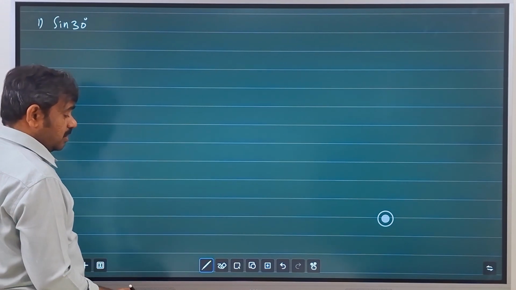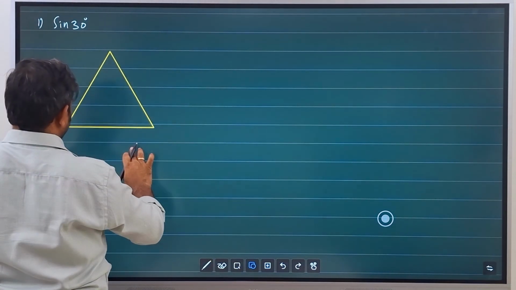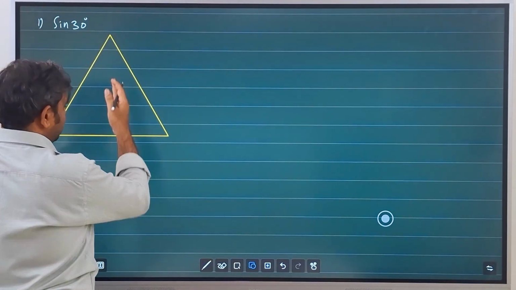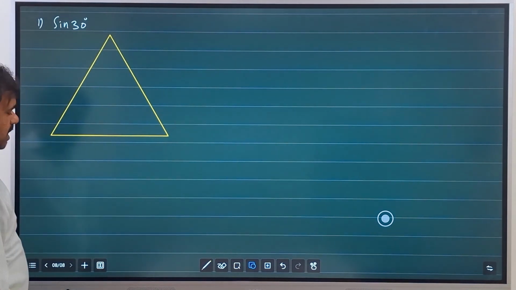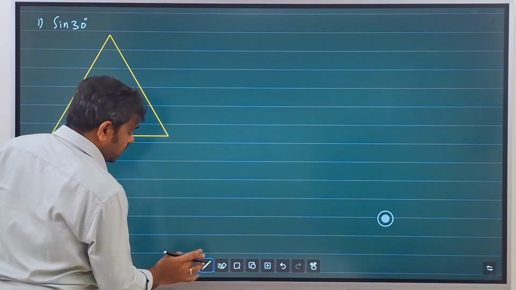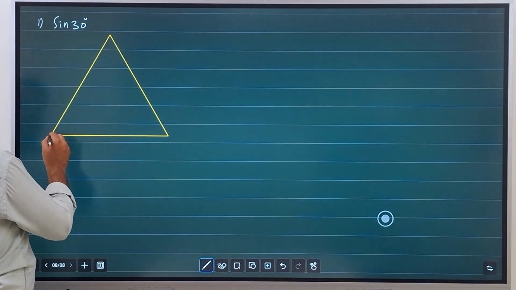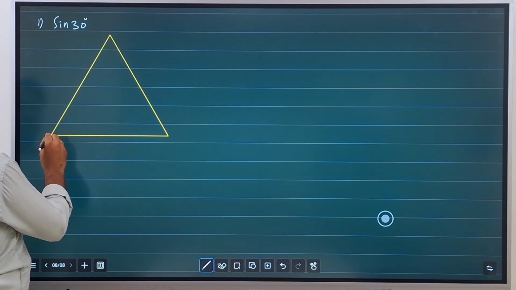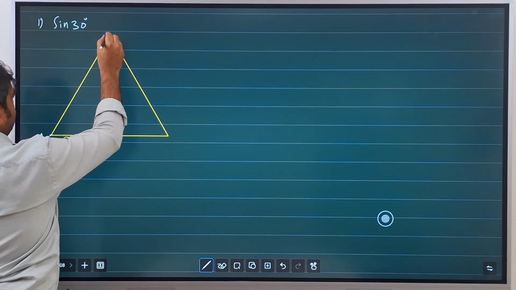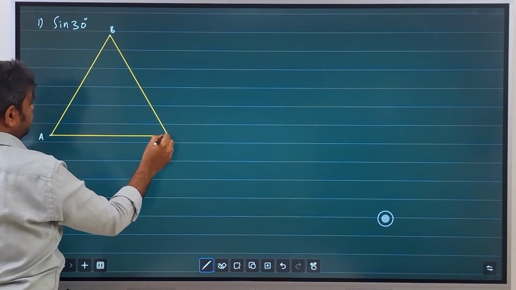For that, take a right angle triangle. We can also find cos 30 degrees. Take, not a right angle triangle, take an equilateral triangle. We call this an equilateral triangle because the sides of the triangle are equal.